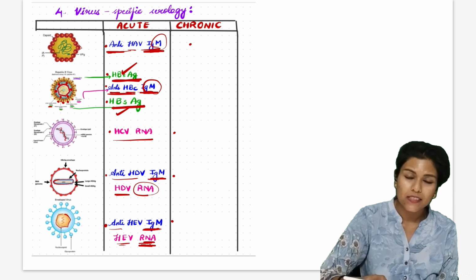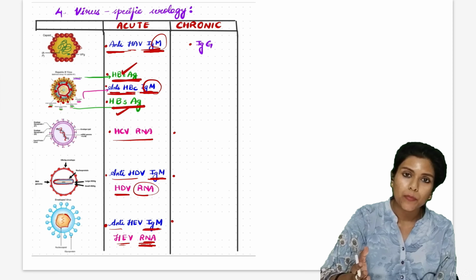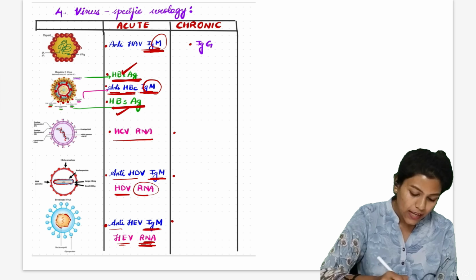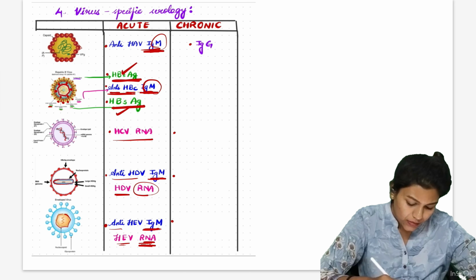Coming to the chronic, we'll see the chronic also. In chronic, it will be the counterpart immunoglobulin, that is G. Chronic means immunoglobulin G. So in hepatitis A, we find anti-HAV IgG antibody.